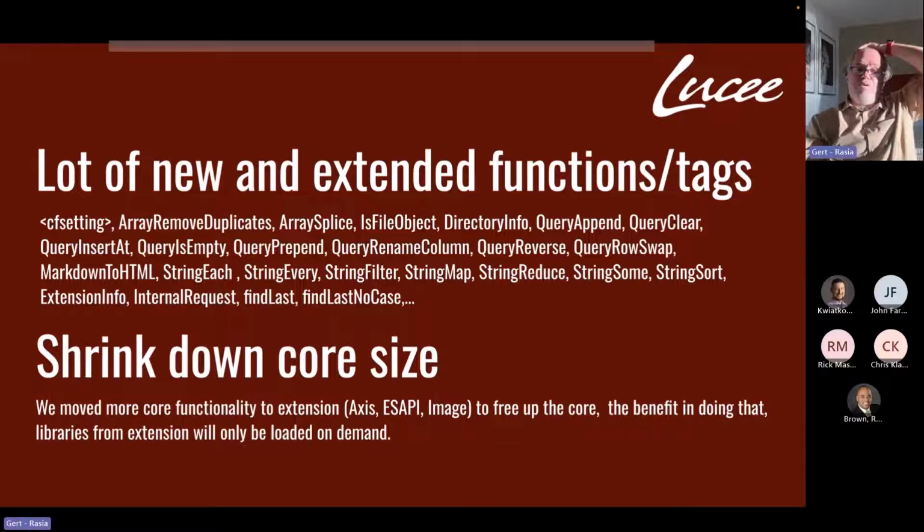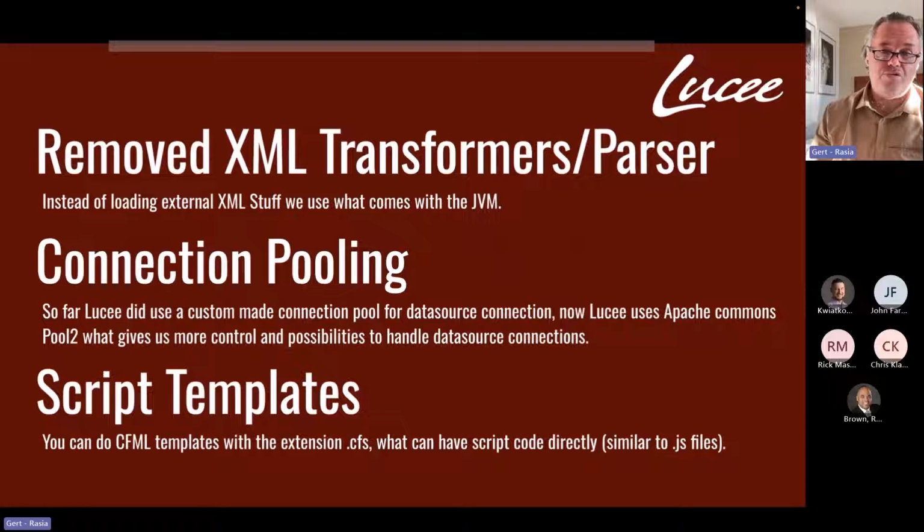And as said, since we removed things like Axis 1, there is no Axis 1 support anymore with WSDL, and certain things that we have removed and added as an extension. As I showed you before, we now have about 21 megs in size and 24 megs in size, depending on which one you want to use.